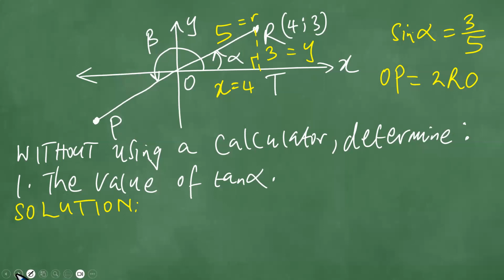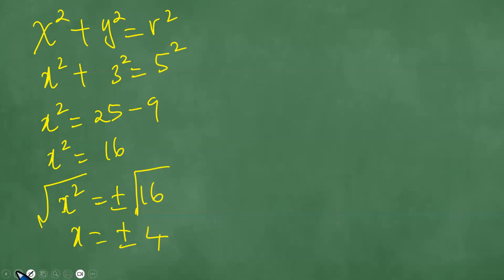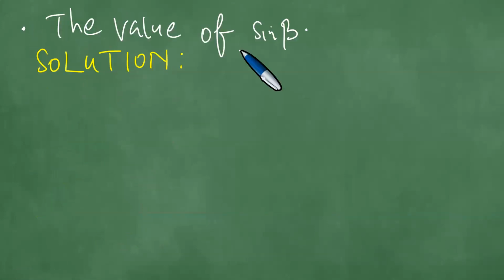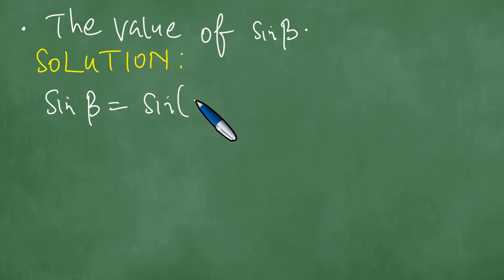Okay, obviously, if you see this one, beta is alpha plus 180. If you take this alpha, and this is a straight line, 180 degrees, alpha plus 180 is beta. That means to find the sine of beta, we must consider the fact that beta is alpha plus 180 degrees.